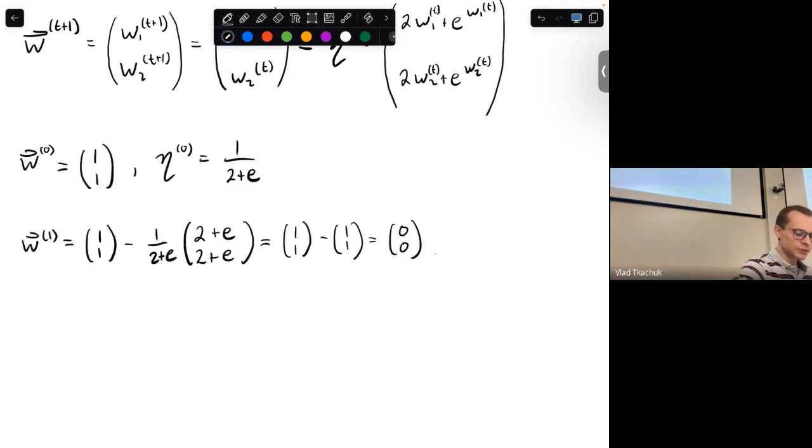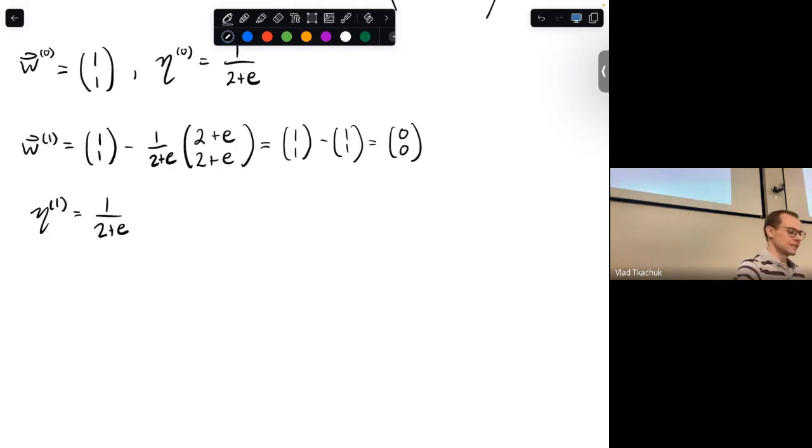And it turns out I can also calculate W2. For W2, I suppose that I also use eta 1, because this is actually what I did in the plot. I kept it at this; I didn't actually change it or anything.